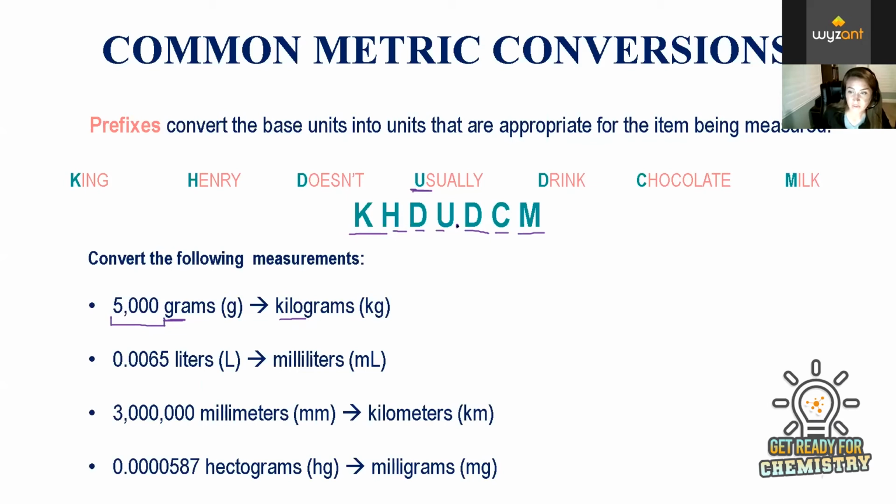So I'm in the gram unit right now, which is just a plain old unit, and I want to get here to kilograms. So I'm going to move my decimal 1, 2, 3 times over. I'm going to do the same thing with my number, 1, 2, 3. And then my kilogram number is going to look like 5. So 5 kilograms.